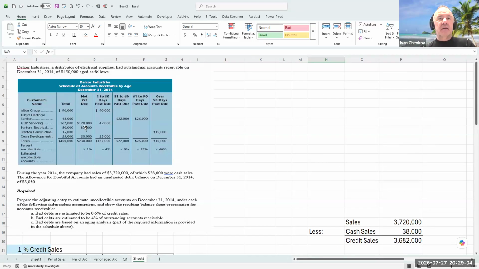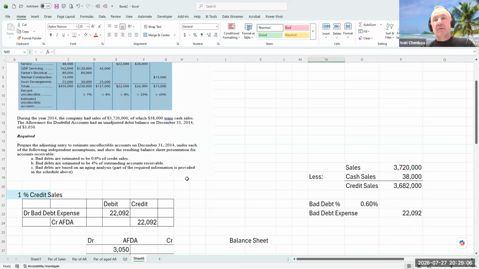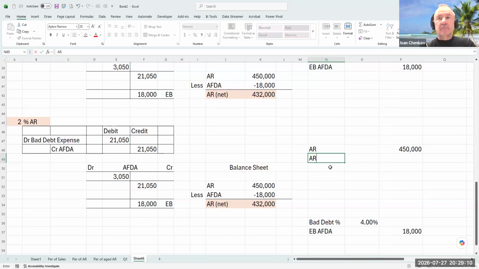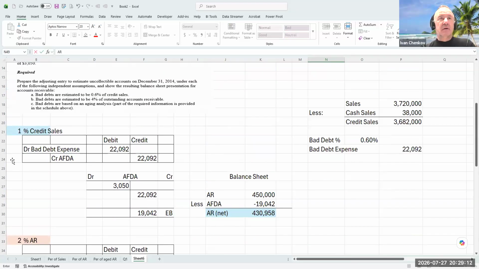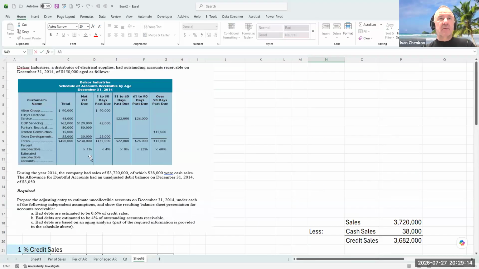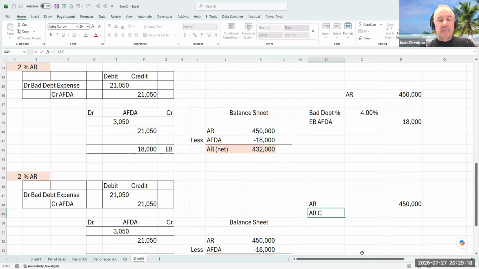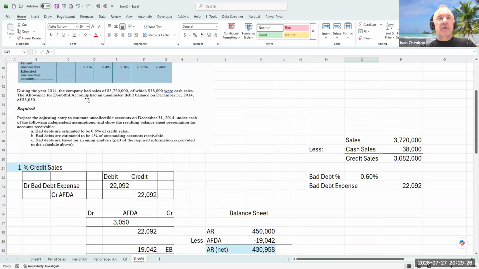In the first section, I have 230,000 accounts receivable, which are current. I'm going to record it as current, and for the current, I have to apply 1%.